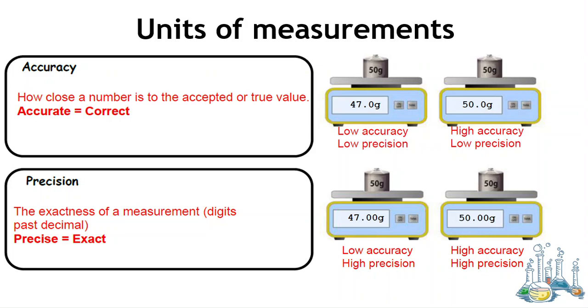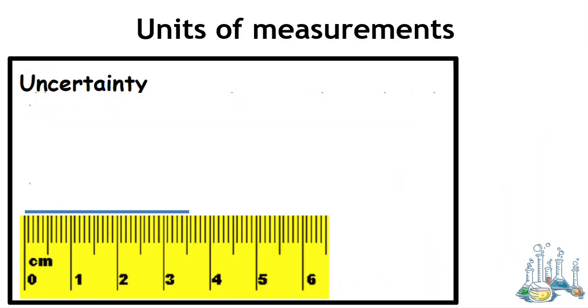Okay, now the last idea here, the idea of uncertainty. So here's the way this works. Anytime you take a measurement that uses a device that you have to read and make an interpretation of, for example, this ruler.